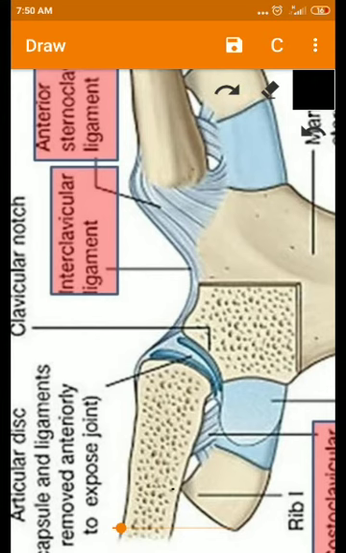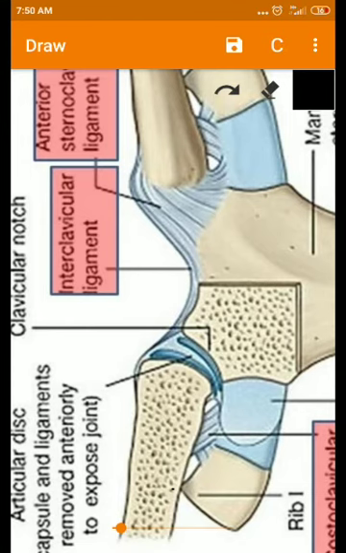Some of the fibers of the articular disc are attached to the capsule. This is about the articular disc, and as I have already told, this disc is dividing the joint cavity into two.